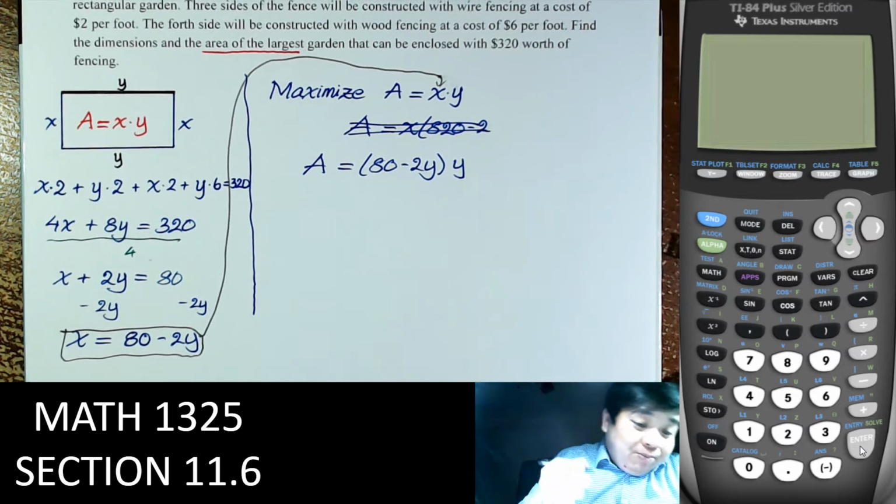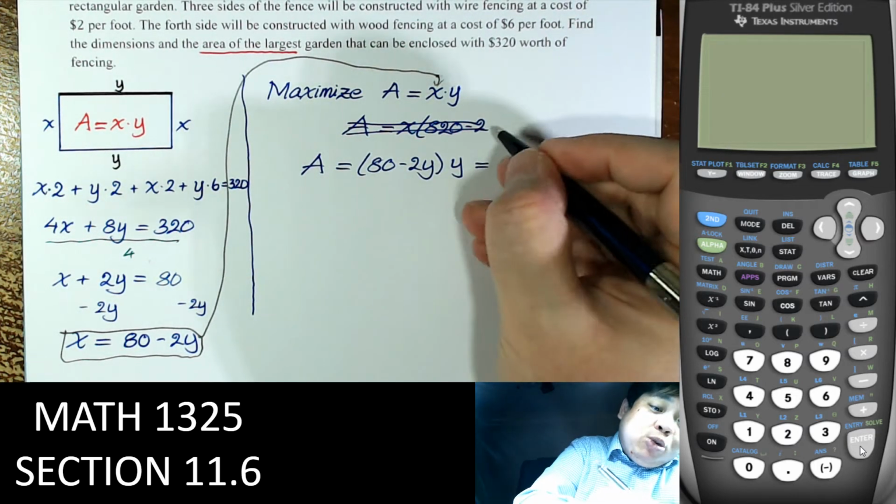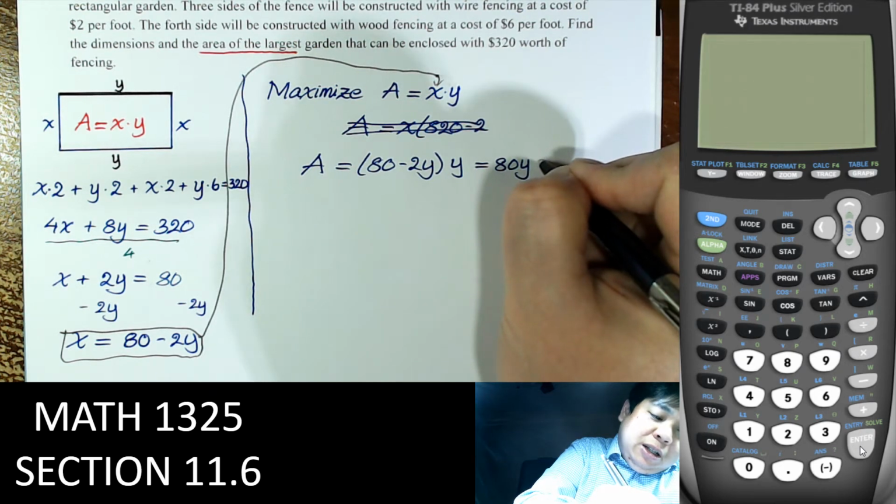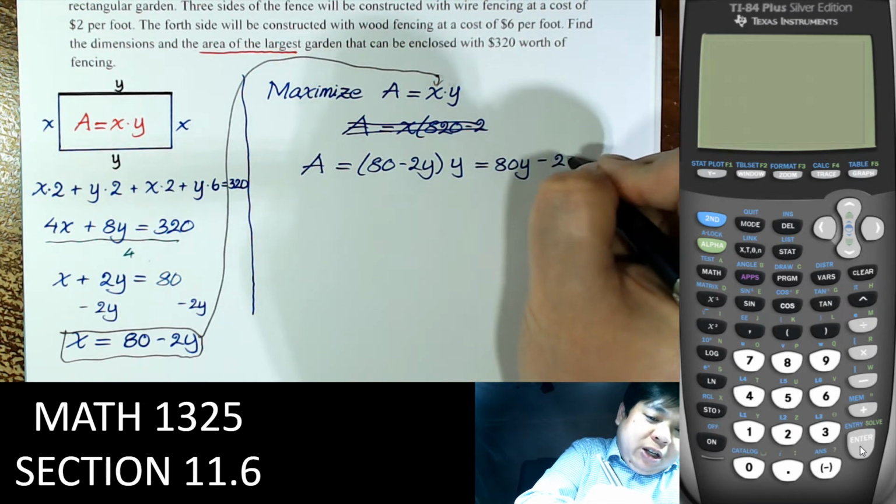Sorry about that. Multiply them out: 80y minus 2y squared.